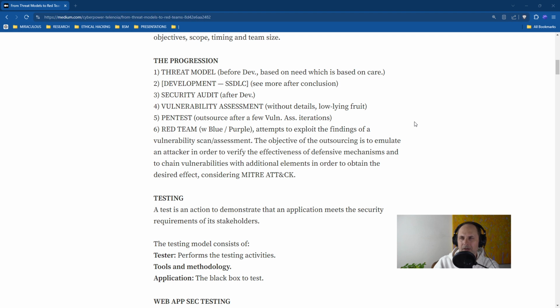Red team with blue and purple attempts to exploit the findings of a vulnerability scan and assessment. The objective of the outsourcing is to emulate an attacker in order to verify the effectiveness of defensive mechanisms and to chain vulnerabilities with additional elements in order to obtain the desired effect, considering Metasploit attack.